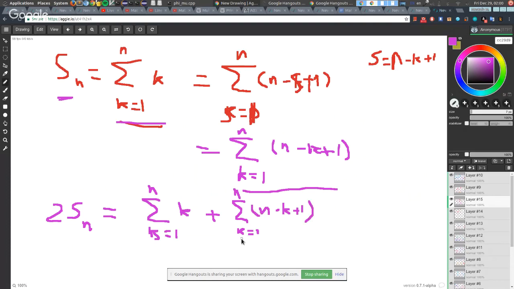And here, since the iterators are exactly the same, so it's the k and it goes over the same limits in both summations, we can take this in one summation and we add the terms inside. So it's k plus n minus k plus 1.